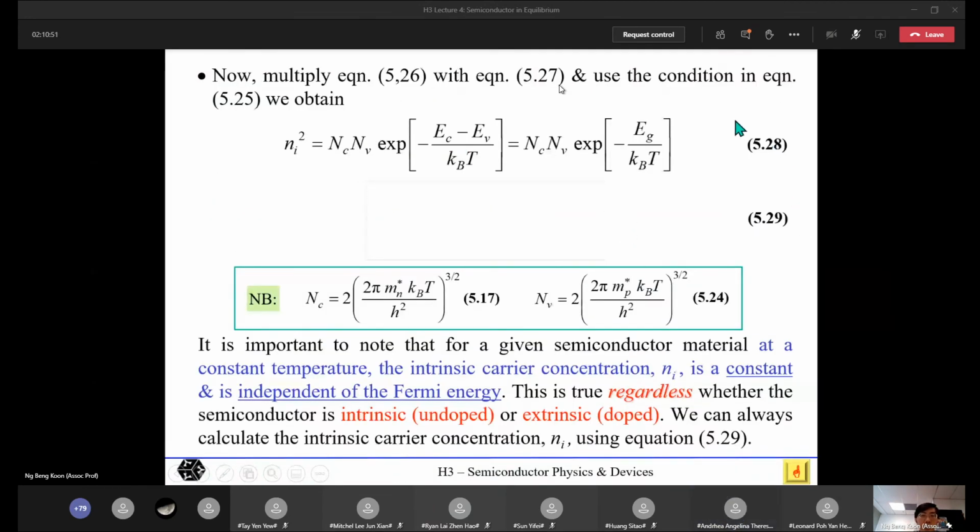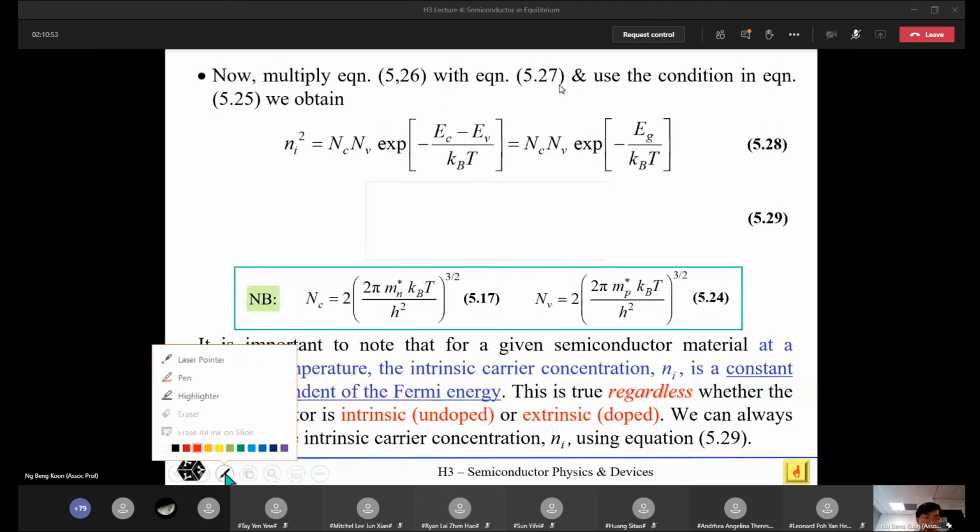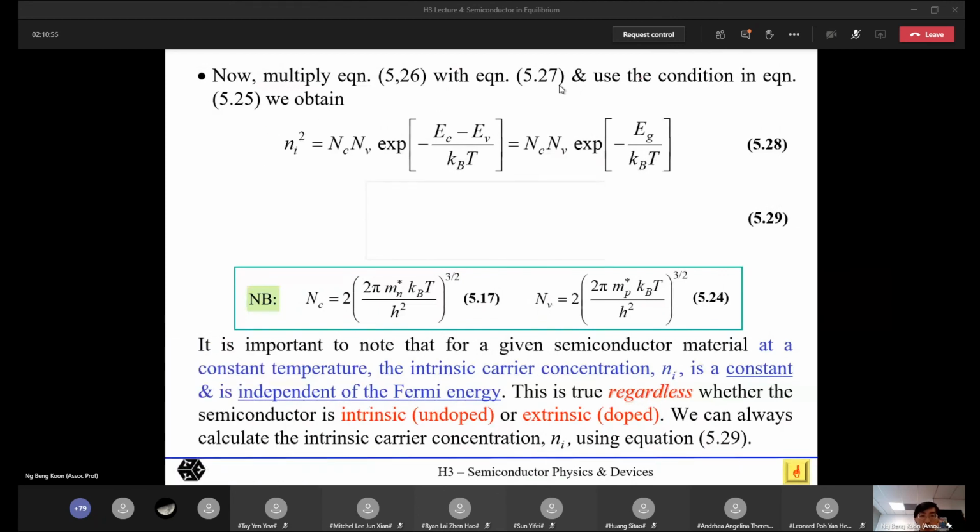If you now multiply Ni and Pi together, in the case of a pure semiconductor, Ni and Pi are the same, so this is simply Ni squared. If you put in the expressions from the previous slide, you get NC NV exponential of minus (EC minus EV) over kBT.